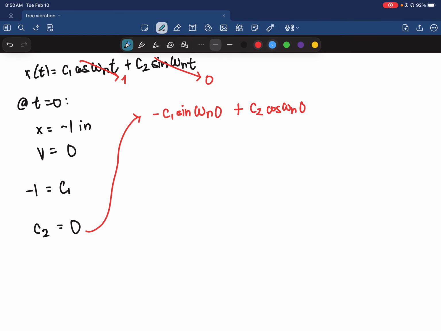This is 0 because sine 0 is of course 0, and then this is 1. But it is 0 anyway. So, that's that.